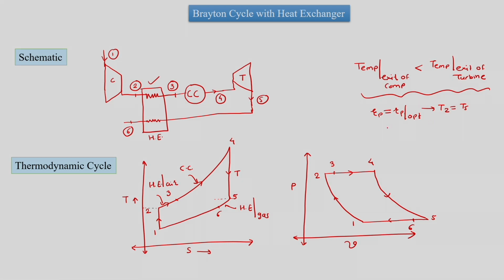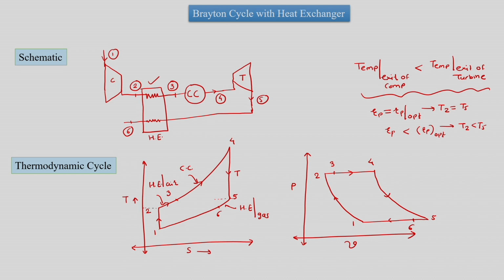Since this remains the constraint, we should work on pressure ratios lower than the optimum Rp, and those pressure ratios would lead to T2 being less than T5, and then we can implement the heat exchanger. This is what we should remember as the constraint to implement a heat exchanger.